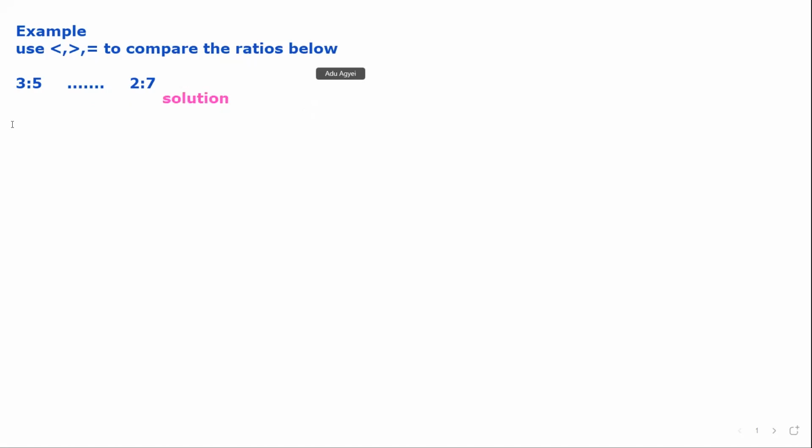Then you change all ratios to fractions.